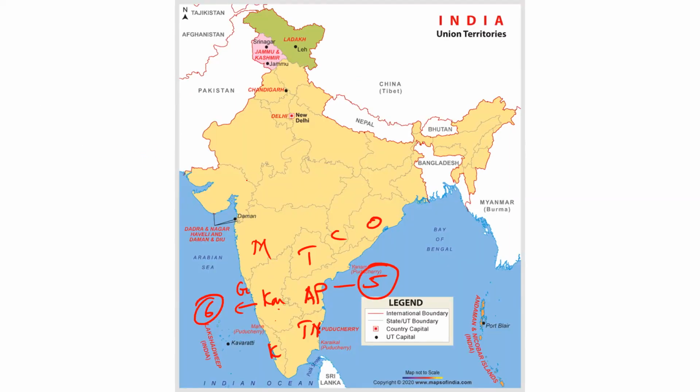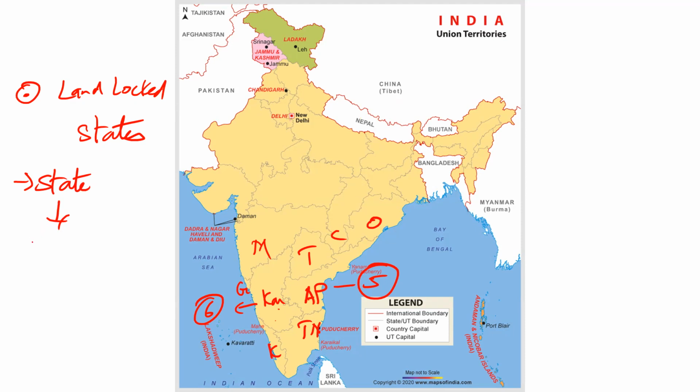Practice these kinds of things, observe the maps. One task for you: identify all the landlocked states of India. Identify the unique states. For example, name a state which has a boundary with only one country and also a boundary with only one state within India.